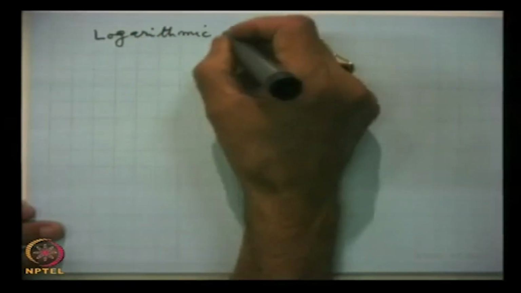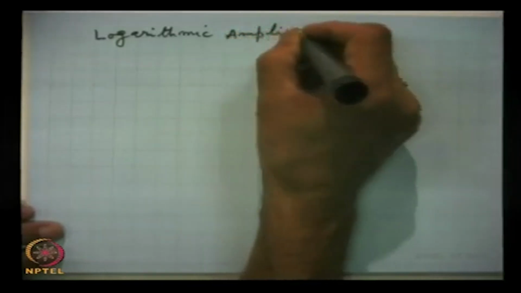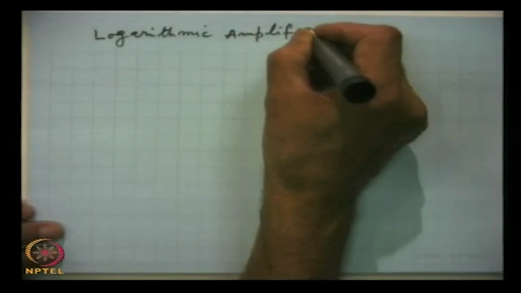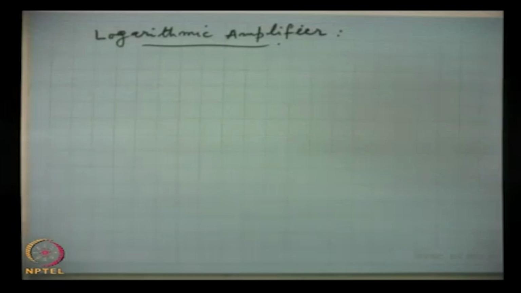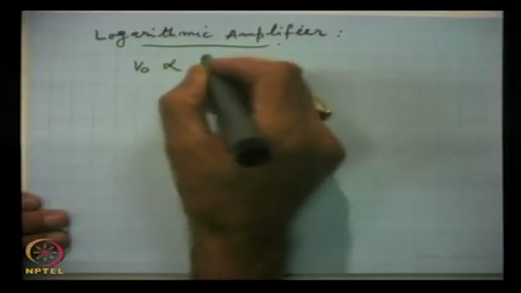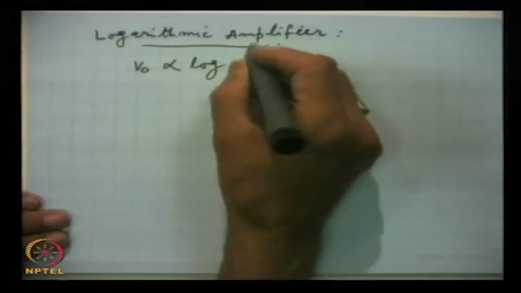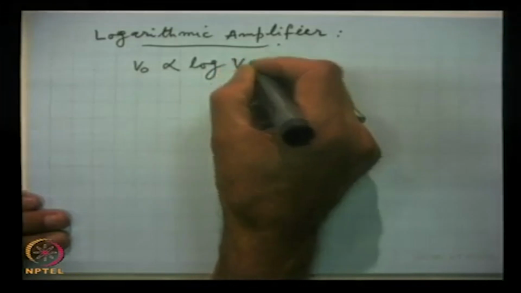Logarithmic amplifier. A logarithmic amplifier is the one in which the output is proportional to the log of the input, let us say Vi.